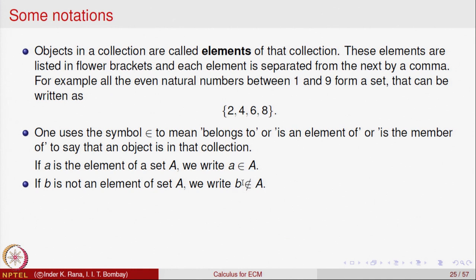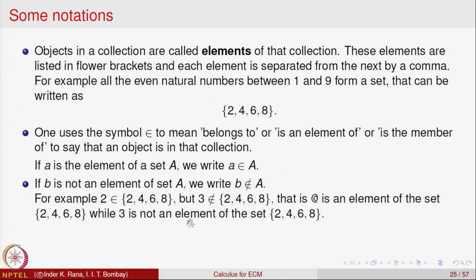So, b not being an element of A is written as b with this symbol with a cross, does not belong to A. For example, in that set 2, 4, 6, 8, 2 belongs to the set, because 2 is sitting inside. But 3 does not belong because 3 is not in this collection. So, we write 3 does not belong to it.